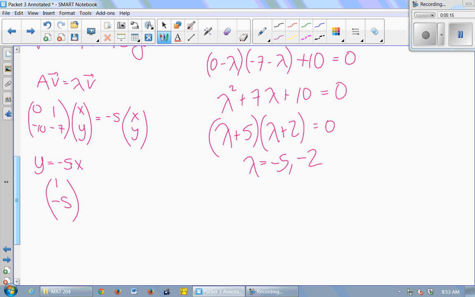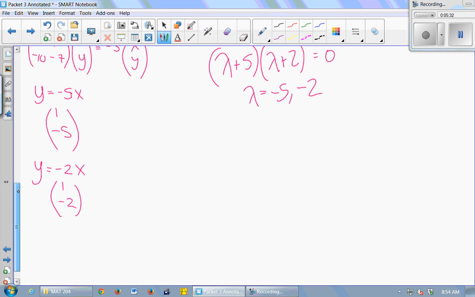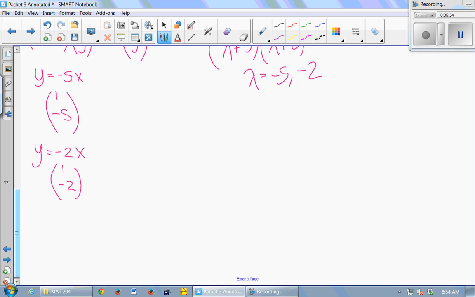All right, so then I do the same thing, but instead of putting a negative 5 there, I have to put a negative 2 there. So again, I'm going to get y equals negative 2x, and my vector for that one would be 1, negative 2. All right, so then I take a linear combination of my straight line solutions. Each straight line solution is e to the lambda t times v. So my final vector valued solution that includes a y and a v.